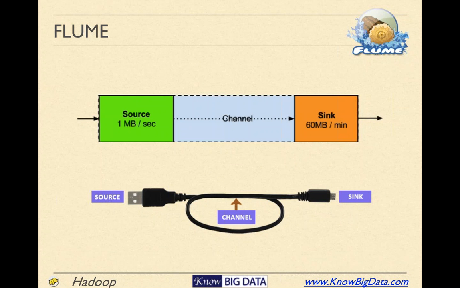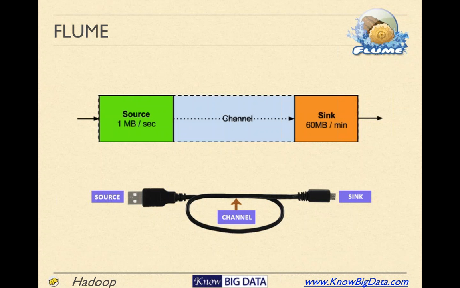For example, sink is writing to the disk. Disk is slower, so we write the data to disk in say 10 MB in a second. The frequency at which sink is writing is different from the source, and therefore we need a buffer.